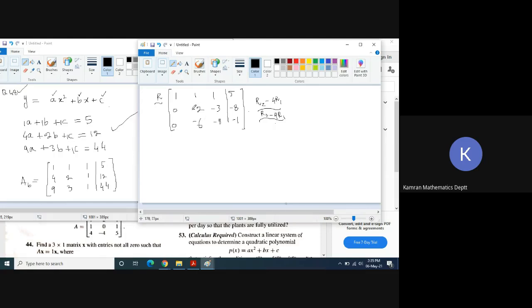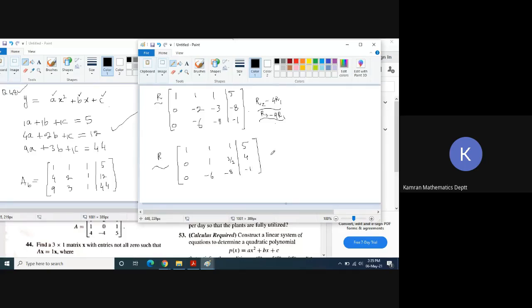Next, set this equal to 1. So for this we will apply the row operation. Divide R2 by minus 2. 1 1 1 5; 0 minus 2 by minus 2, minus 3 by minus 2, minus 8 by minus 2, that is 1, 3 by 2, 4; 0 minus 6 minus 8 minus 1.